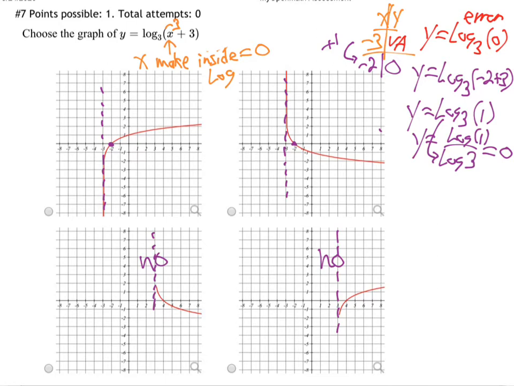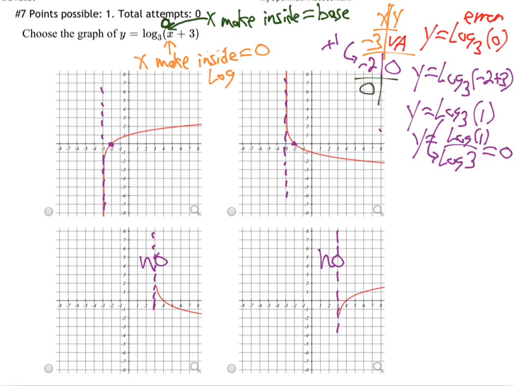So we need one more point. What should we do? Remember how we always do the other point? We want an x to make the inside equal the base, because that'll be a whole number. So what x can I plug in to make the inside 3? 0. If x is 0, that'll make the inside 3.